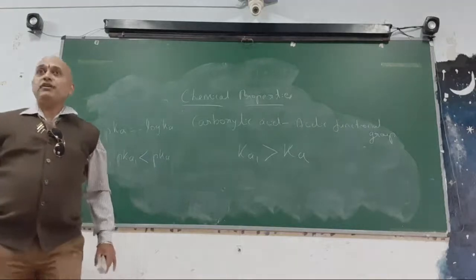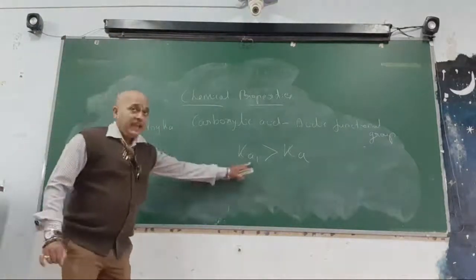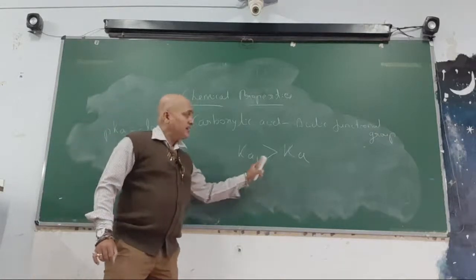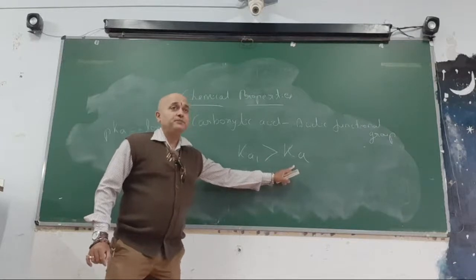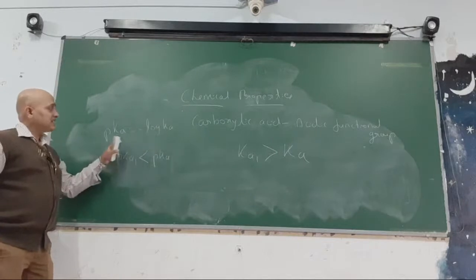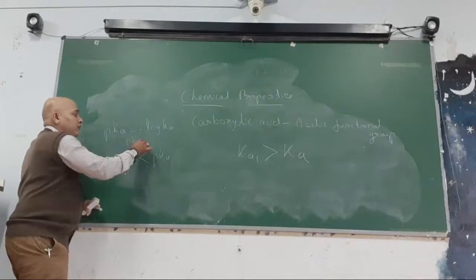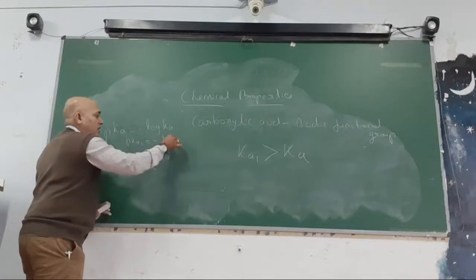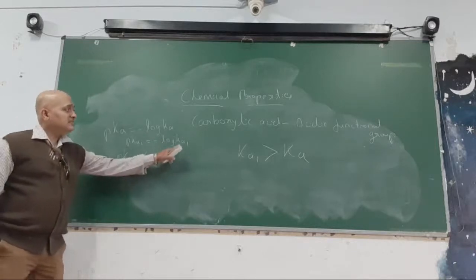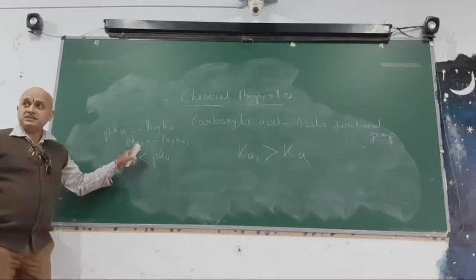That is absolutely correct. Ka1 is greater than Ka. Now, what is the relation between pK and Ka? pK is equal to minus log of Ka, or pK1 is equal to minus log of Ka1. So as this value increases, this value should decrease.